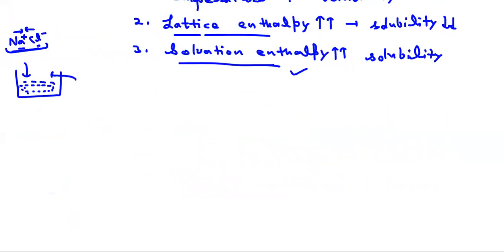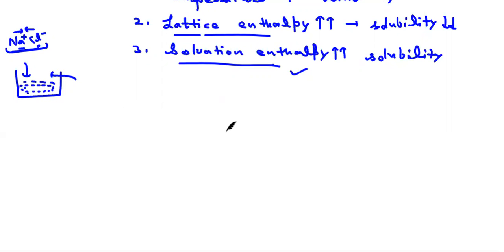Now I am dividing solubility into three categories. Remember, whenever I talk about solubility here, it simply means molarity. You can take solubility as molarity; this is how we find the solubility.